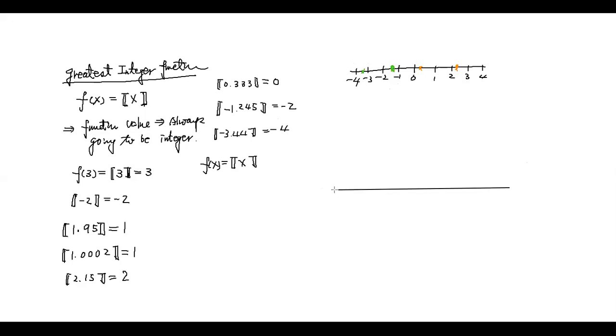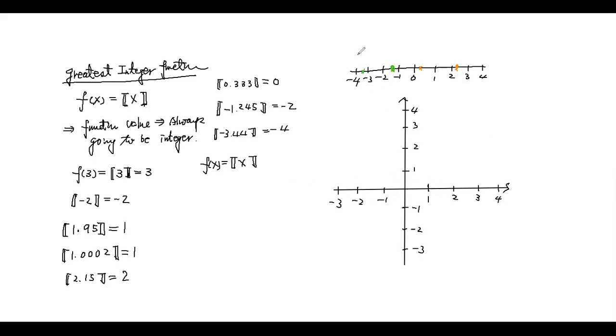Okay, so here we have 1, 2, 3, 4, and negative 1, negative 2, negative 3, and on the other axis 1, 2, 3, 4, and negative 1, negative 2, negative 3.